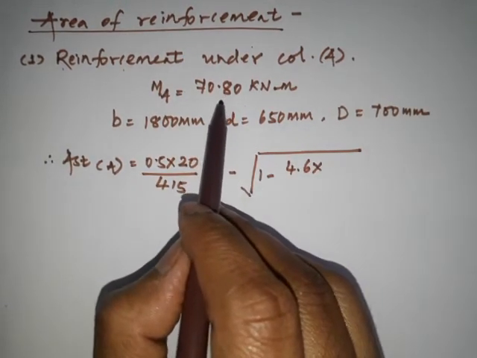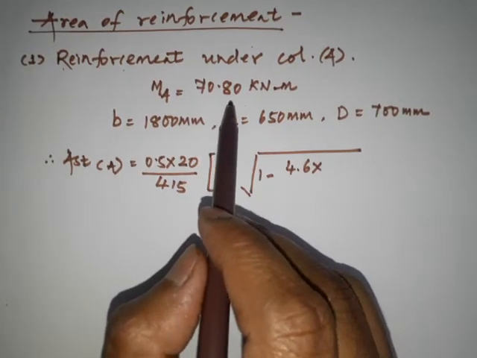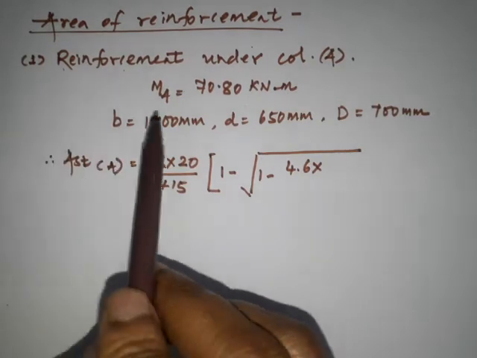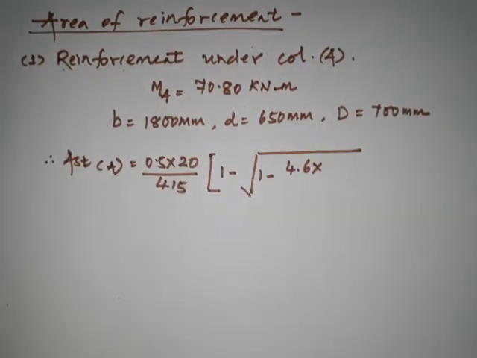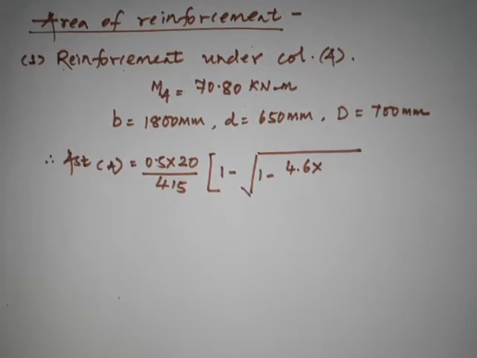So this is not a factored bending moment. In the first problem, I had calculated the upward pressure which was factored, so whatever values you get will be factored only. But in this problem, I have not calculated the factored upward pressure. Without multiplying any factor of safety to the upward pressure, I have got all the bending moment values and shear force values.